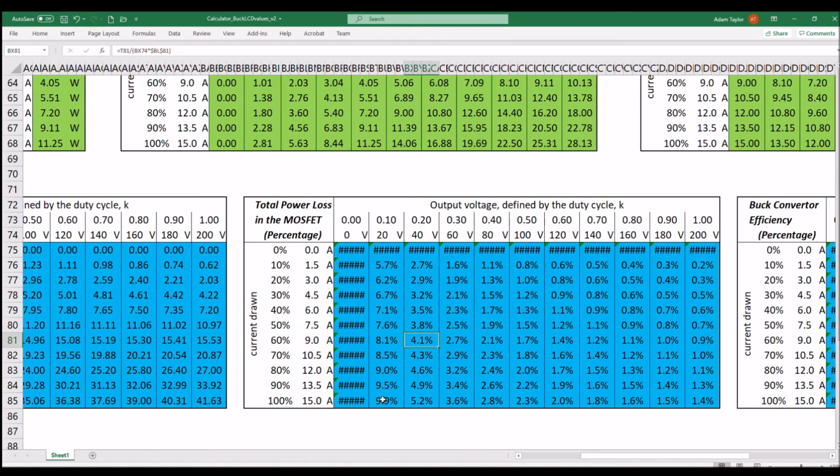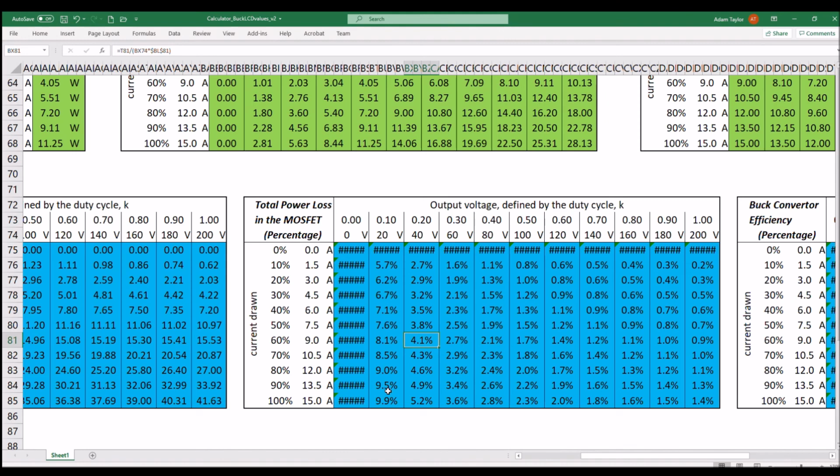Our losses go from around 10% at full current down to, when the machine's up and running at full voltage and lower running current, around 0.3%. So we go from losing 10% to losing 0.3%. And this is probably the arc that we'd be going through if we were using a buck converter to drive a motor. We'd be running it through here somewhere. So another little bit of a divergence on the end there.